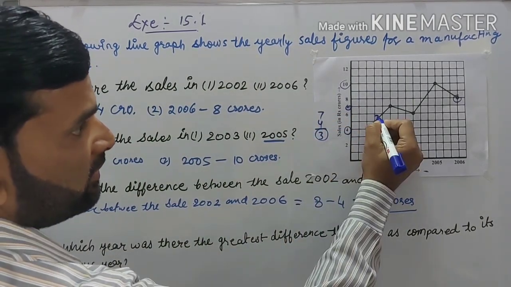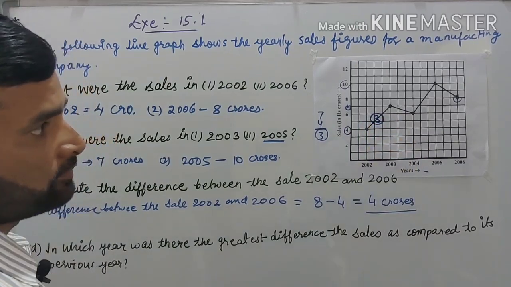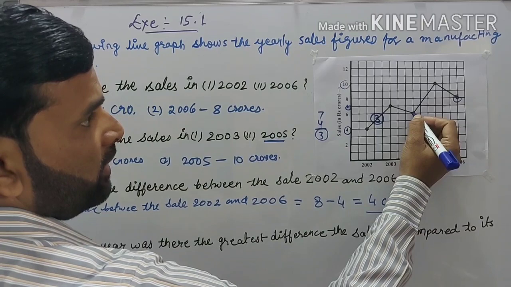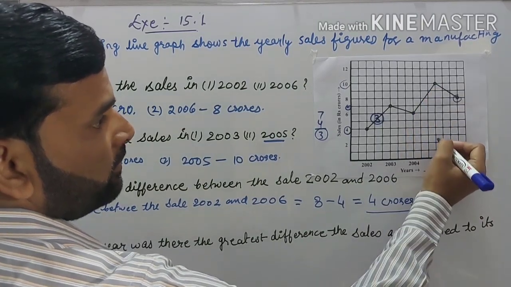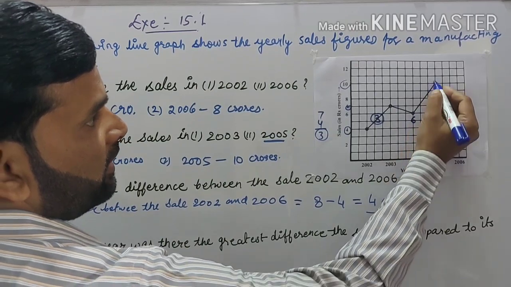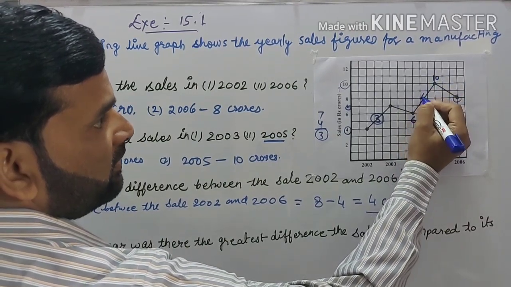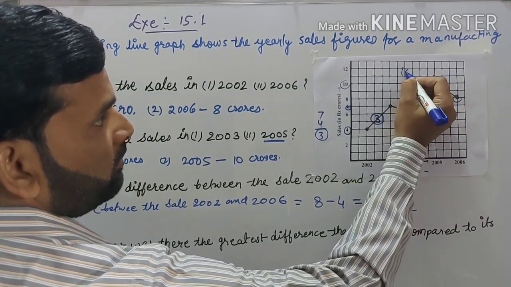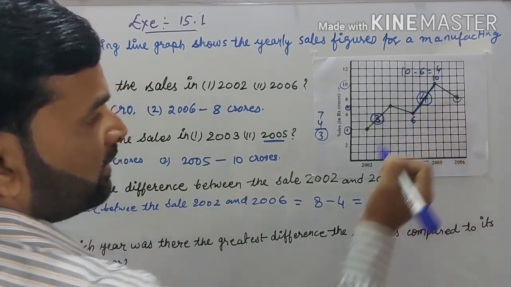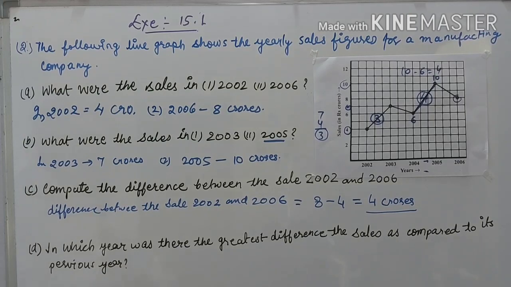Next it goes down. Between 2004 and 2005 it is 6 and 10. 10 minus 6 is equal to 4, which means this year has the greater difference of the sale.